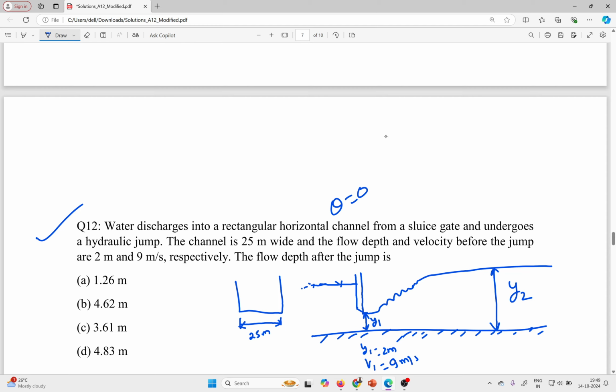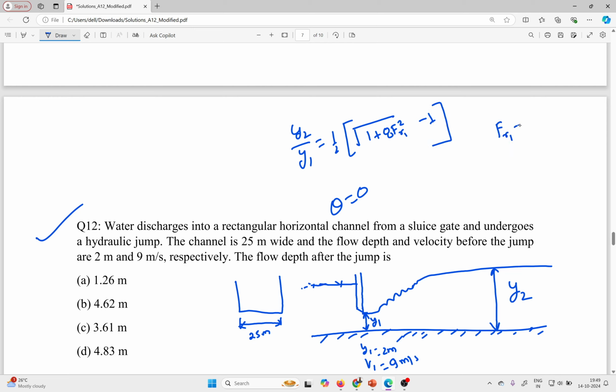So one formula is already given. When we apply the momentum equation, one formula will come out: y2 by y1 is equal to 1 by 2 into the root of 1 plus 8 Fr1 square minus 1.